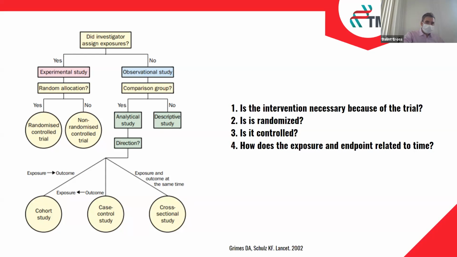If this intervention is not randomized, but there are a group of patients who have had the treatment in a non-random way allocated, and a group of patients who did not have, that's a non-randomized but controlled trial. And yesterday we have discussed cohort studies, case control studies, and cross-sectional studies, and we have seen a few examples of those.